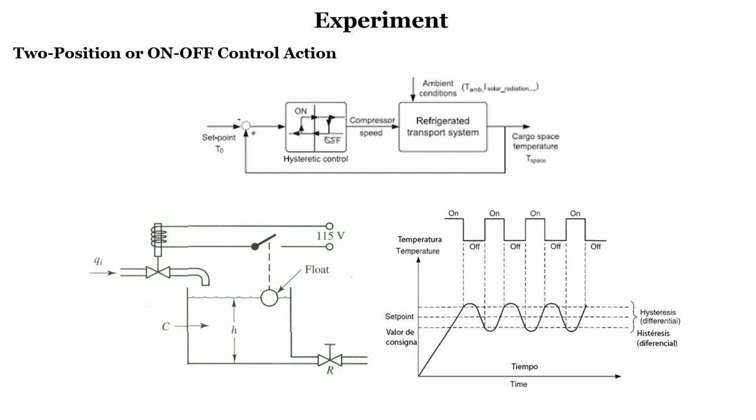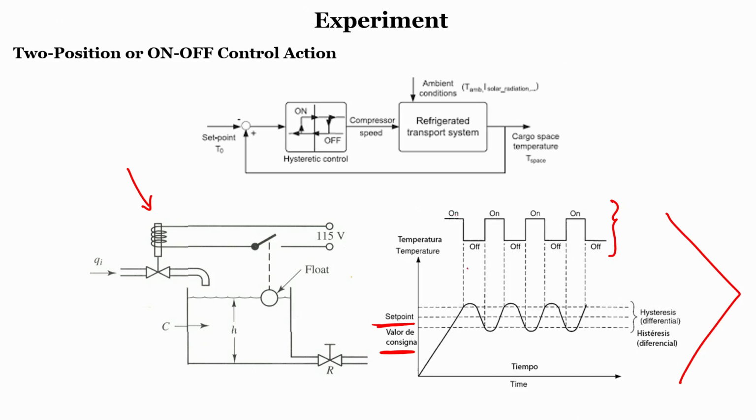Now, this is another example where you can see the two-position control system, right over here, and this is the plot where we can see what our set point is, the designed or designated value, and what the hysteresis differential is. At the same time, we see how the temperature controller will work.